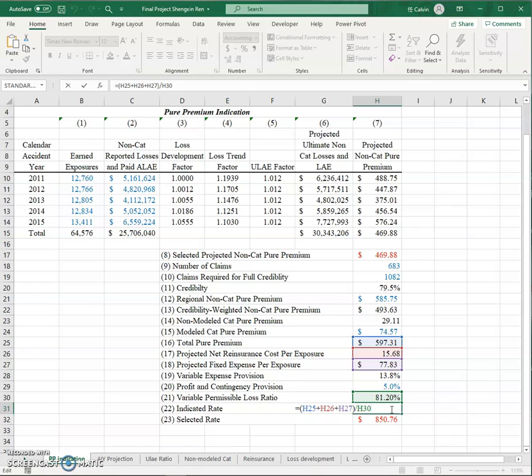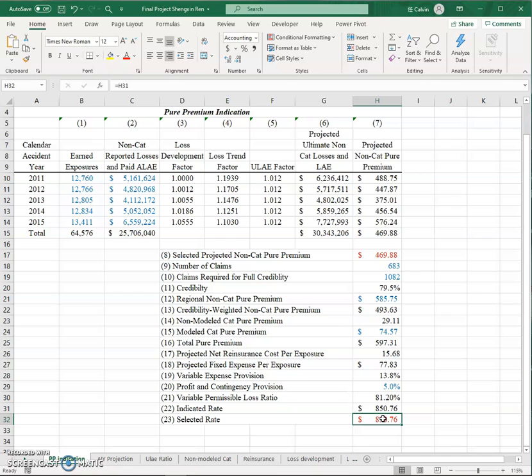And now we can calculate the indicated rate. We use the total pure premium plus projected fixed expense per exposure plus the net reinsurance cost per exposure, and divided by the variable permissible loss ratio, we get the indicated rate. It's also our selected rate.